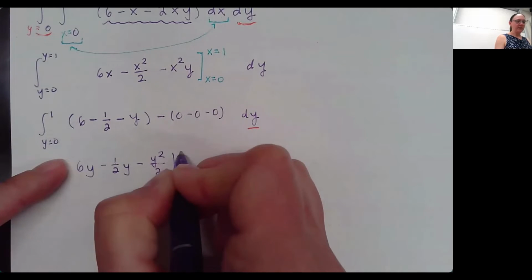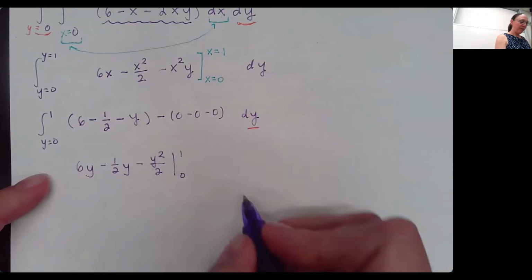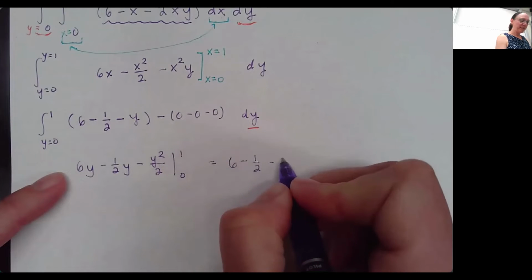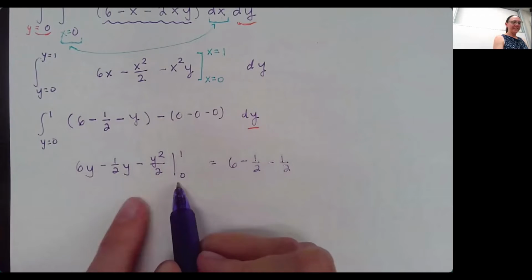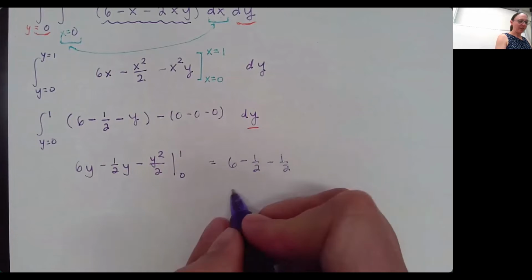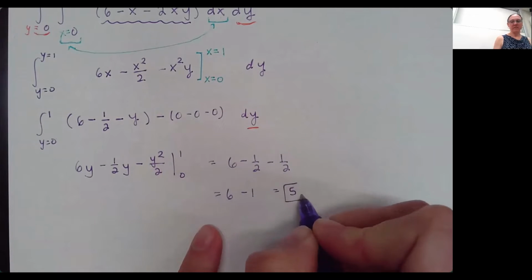And then this is going 0 to 1. When I plug in 1, I'll have 6 minus 1/2 minus another 1/2. When I plug in 0, everything is going to 0, so I'm going to skip that part. So I'm looking at 6 minus 1 or 5 for a final answer.